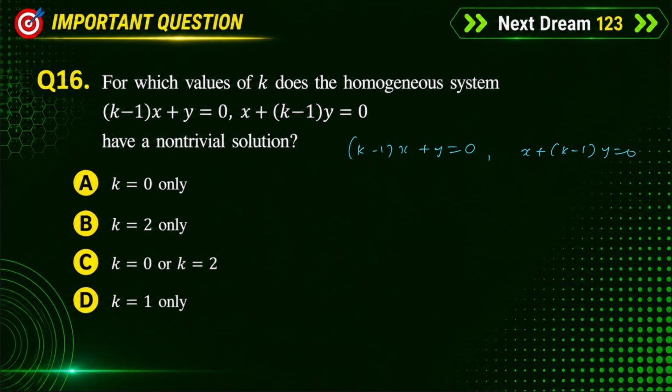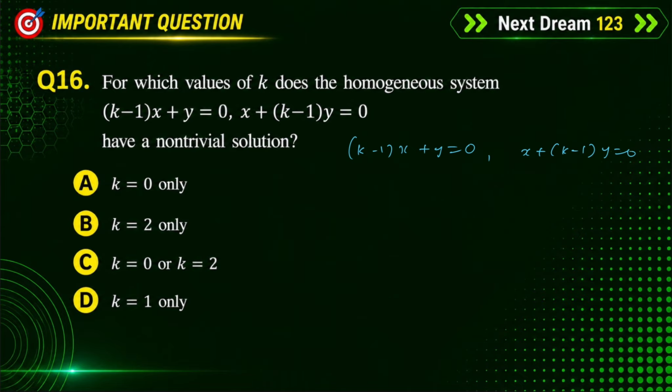If you observe, these two equations are homogeneous, that means the RHS is 0. If the RHS is 0, this system of equations is homogeneous. They clearly mentioned it in the question also. Even if they had not mentioned it, these are homogeneous equations.